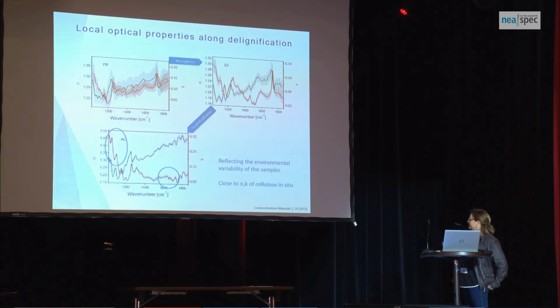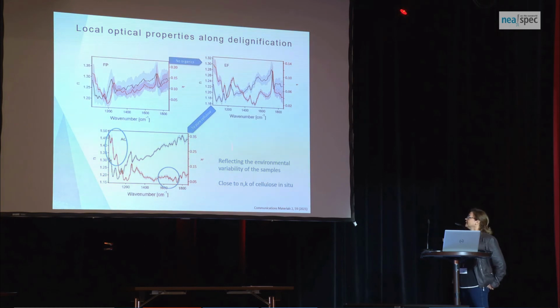And when we complete the process to the last step, you see that the standard deviation is quite reduced. And we also know that we come closer to the NNK of pure cellulose, since we are almost left over with cellulose. And it's actually a first measurement of this NNK in situ.